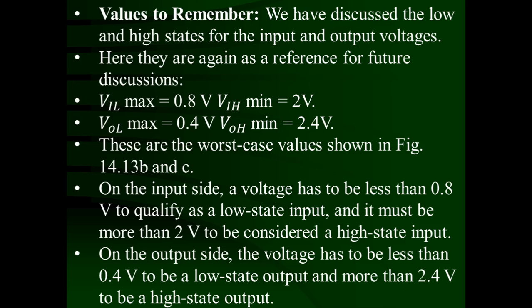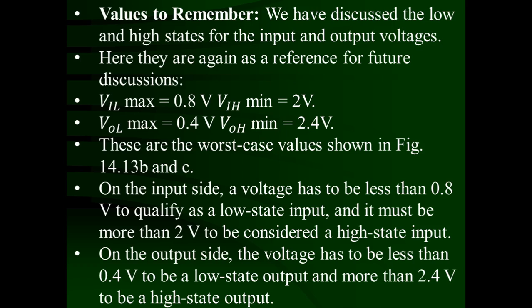Now, when we deal with TTLs, we have to remember these values for valid low state input, valid high state input, and indeterminate state input, as well as the output profile. We have discussed the low and high states for the input and output voltages. Here they are again as a reference for future discussion.